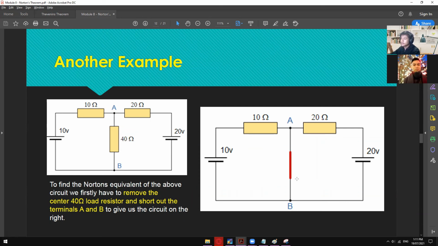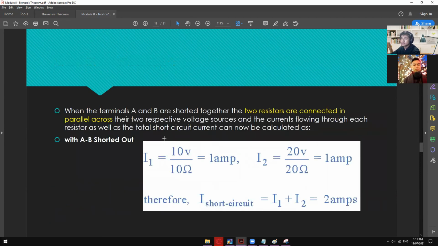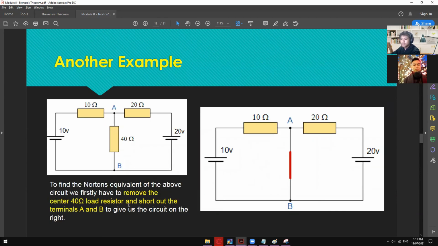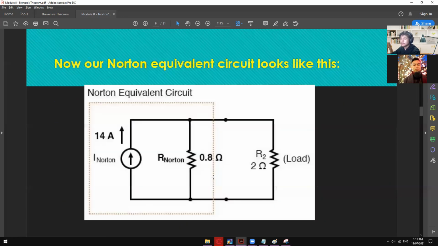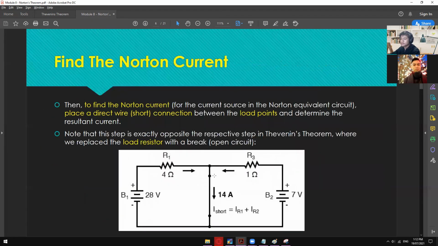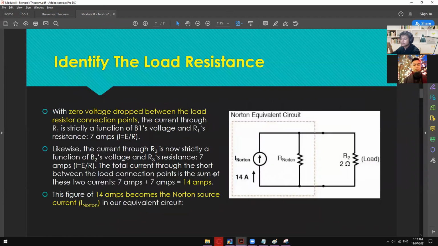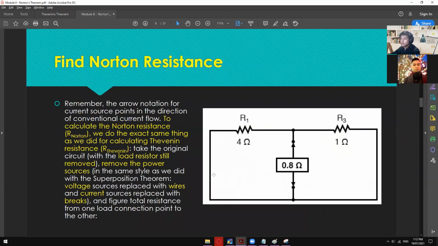Okay, and then what else? Teka lang. Short out the terminals. Wait a second. What did we do in here? Ano bang hinahanap muna dito?